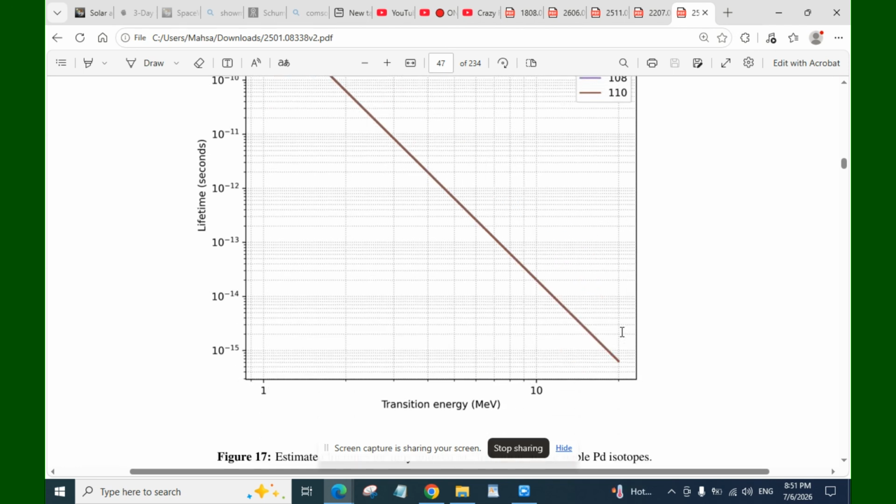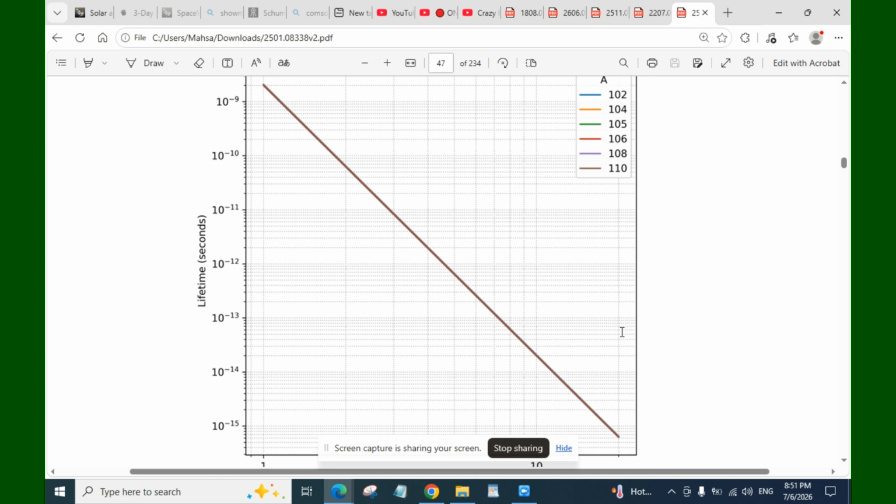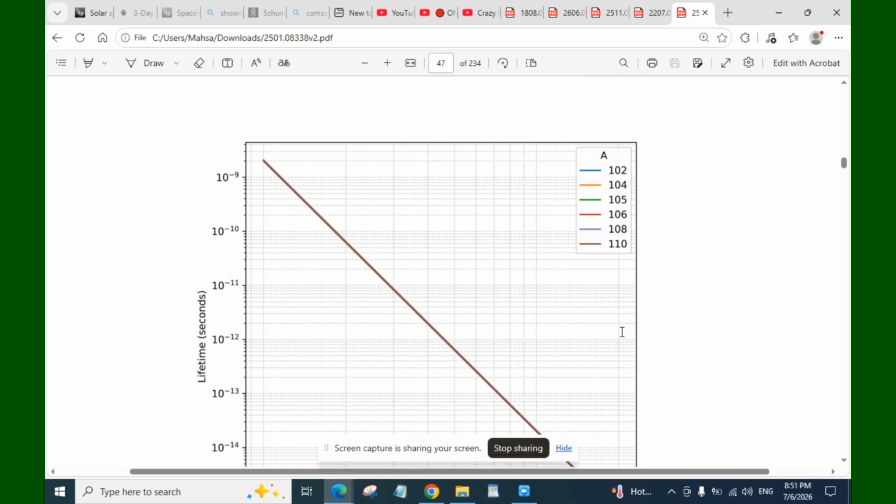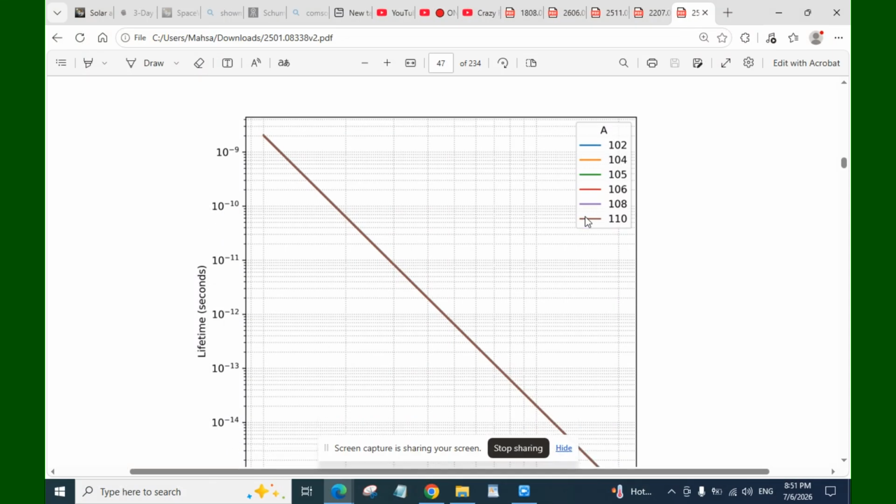You see, we have a transition energy in megaelectron volts on the x-axis from 1 to 10, and on the y-axis we have a lifetime in seconds, starting from 10 to the power of minus 15 to 10 to the power of minus 9, and it covers 6 isotopes of palladium.